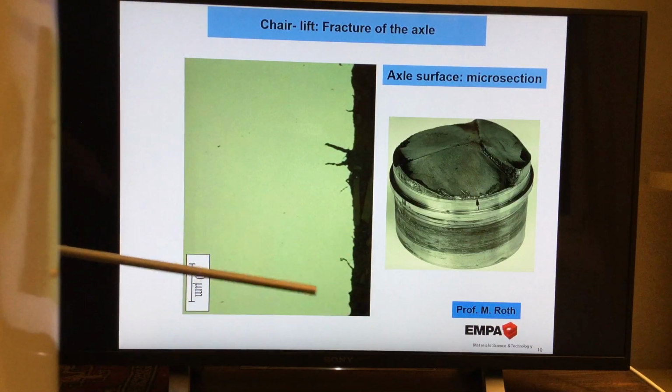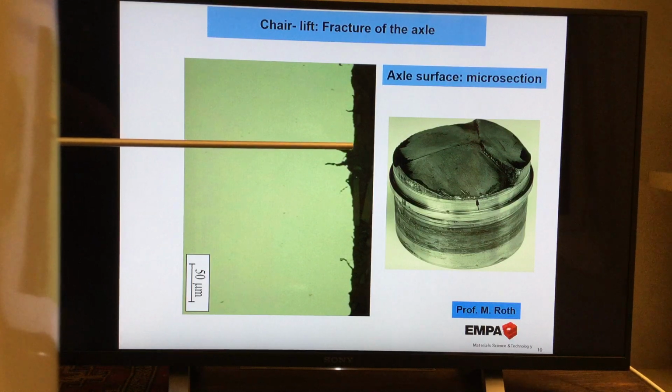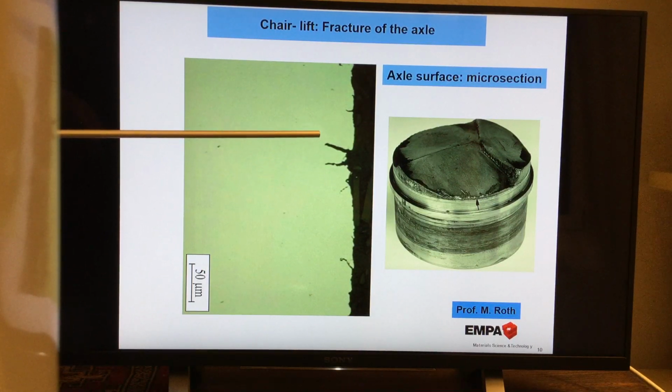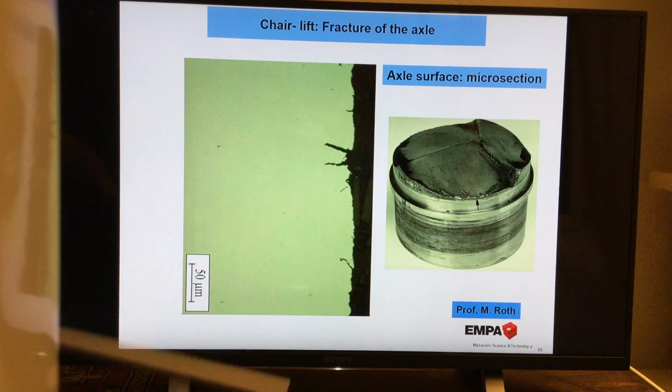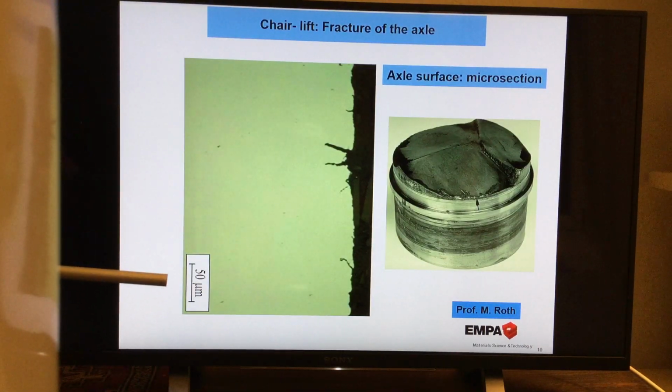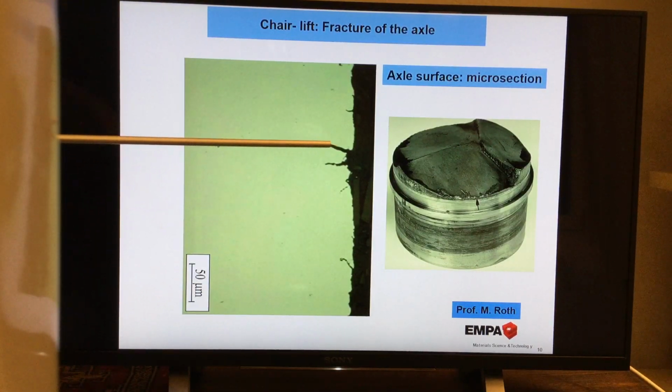And of course, when a crack is growing inside, the mechanical stress increases slightly at the crack tip. This is pure mechanical engineering. There is an increase of the stress at the crack tip.